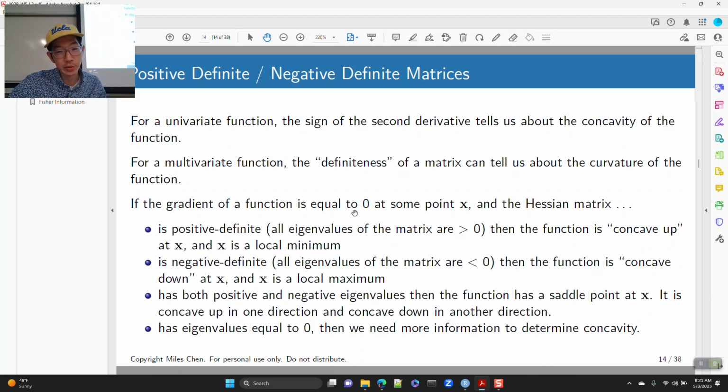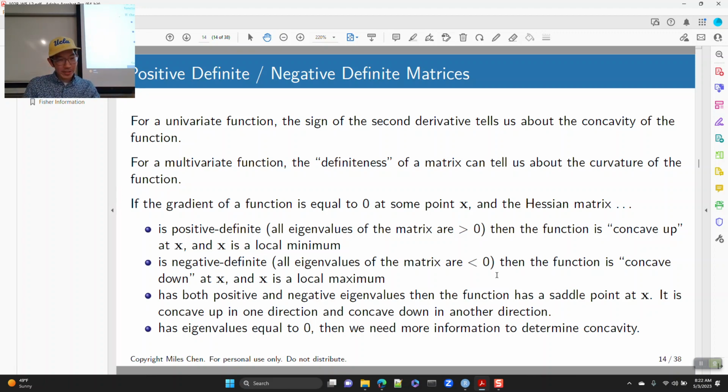That's if you've got some point x where the gradient is 0. If you have a negative definite matrix, where all the eigenvalues are less than 0, then you have this concave down shape. It's easy to go from one dimension to imagining two dimensions: rather than a line that makes a hill, now you have a surface that makes a hill. It's hard for us to imagine anything higher than two dimensions, but there's a higher dimensional equivalent we can't really picture in our brains.